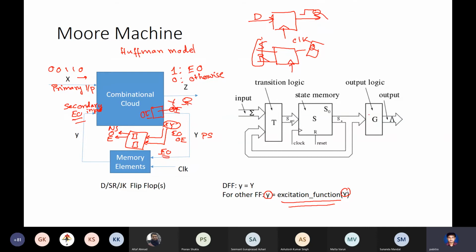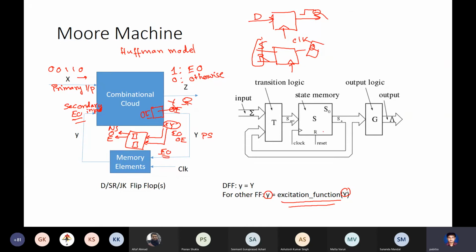this actually looks like this. If you expand it a bit further, what I'm doing here is basically expanding this combinational cloud. The combinational cloud consists of two different blocks. One block is the transition logic, which takes the input and the current state and produces the next state.